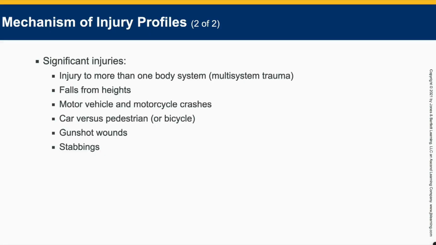Now, on the other end of the spectrum, we have significant injuries, and these are the ones you should immediately raise your level of concern for. We're talking about injuries that involve more than one body system, also known as multi-system traumas. But it's not just what you see, it's also the mechanism. Things like fall from height, motor vehicle or motorcycle crashes, cars versus pedestrians, all of these involve high energy transfer, which means a much higher risk for serious internal injuries.